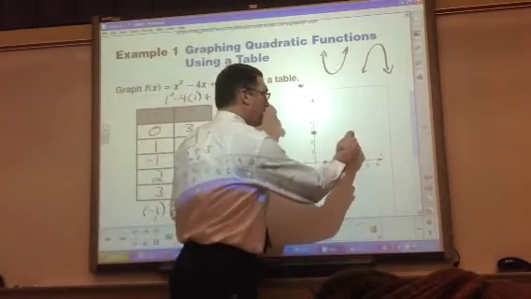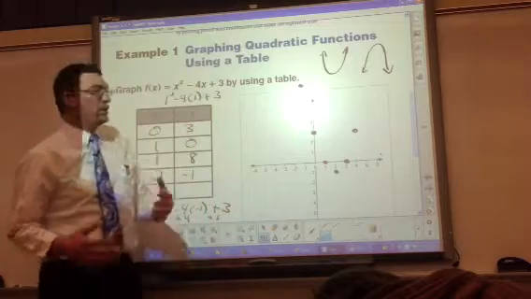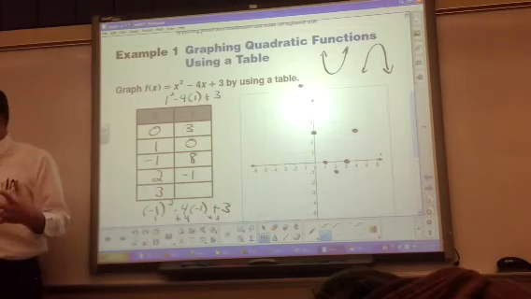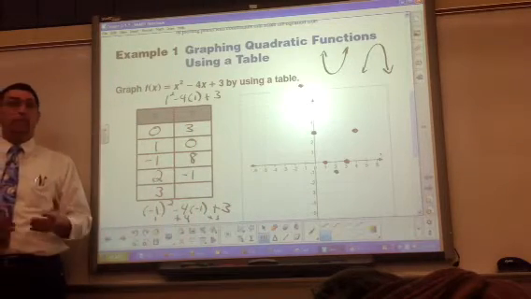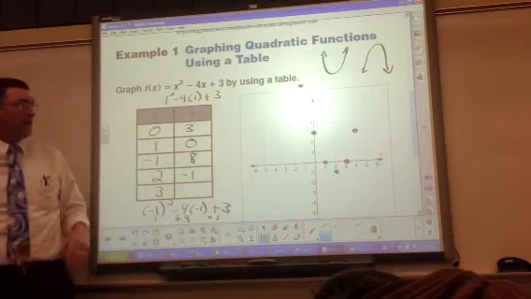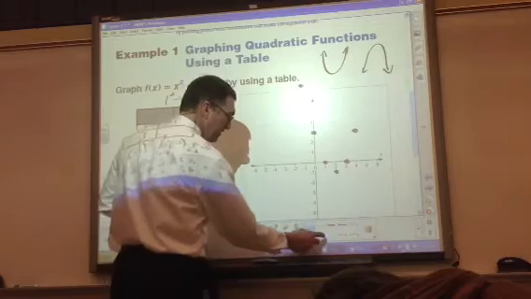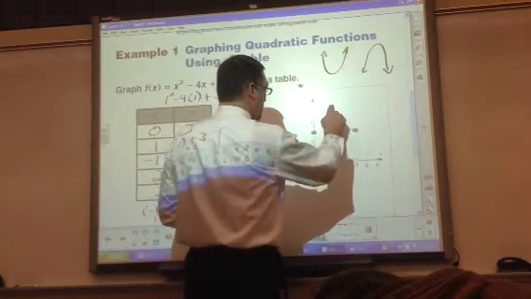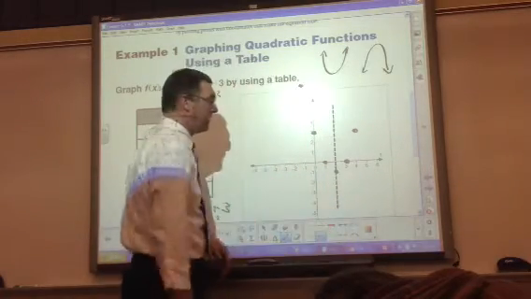At 4 and 3. Now the one thing that we know about quadratic functions is they're symmetrical, okay? Which means that there's a line that we can cut the graph in half with, a vertical line here, and we'll talk about this more later.